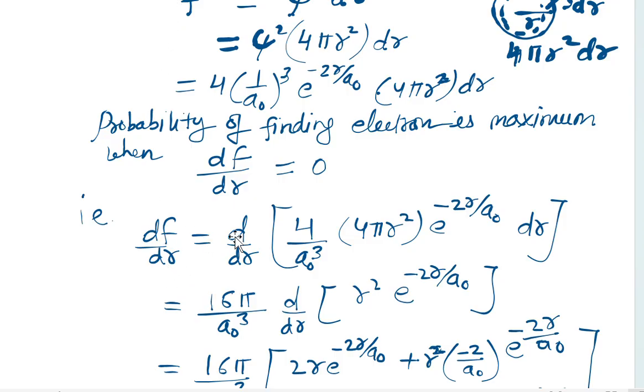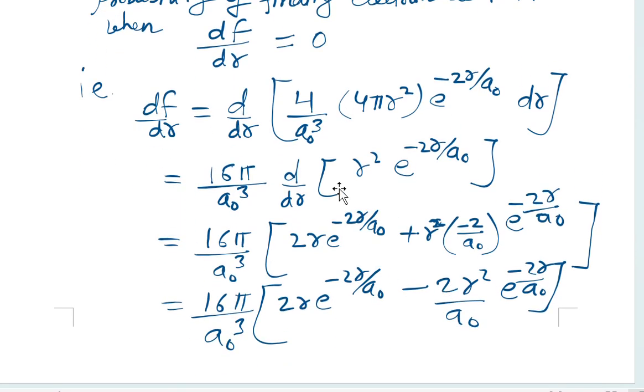So dF by dr is equal to d by dr of 4 upon a0 cube into 4 pi r square into e to the power minus 2r by a0. We are solving this simply. Constant things come out of the derivative. So 16 pi by a0 cube into d by dr of r square into e to the power minus 2r by a0.